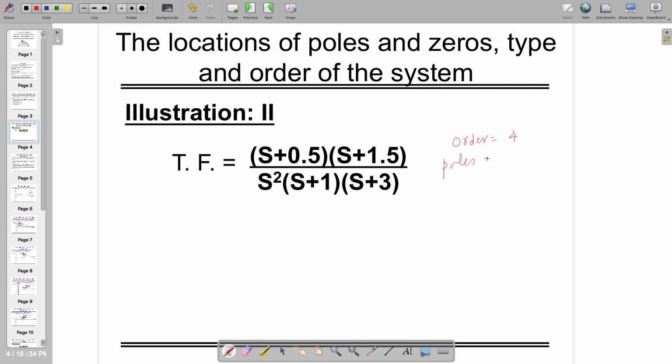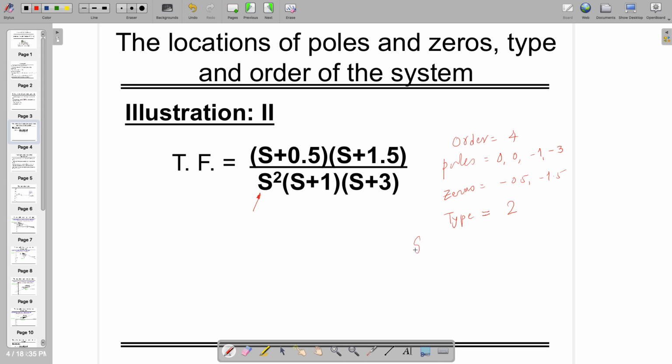The poles are at 0, 0, -1 and -3, and zeros are at -0.5 and -1.5. If you want to find out the type of the system, the number of integrators, or the number of poles available at the origin, is going to decide the type of the system. So the type of the system is 2.